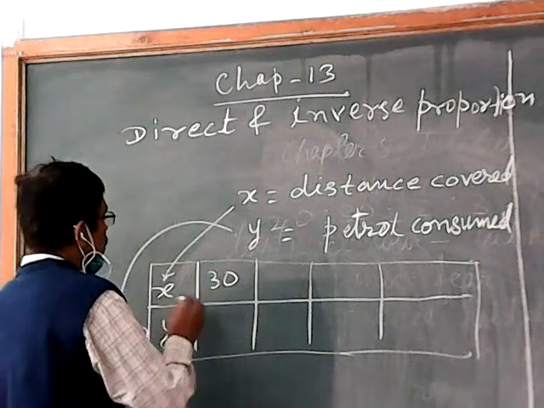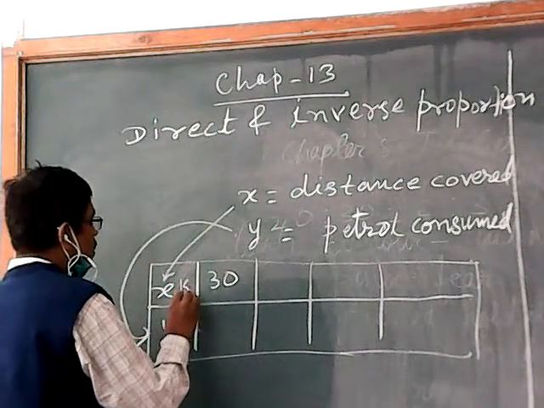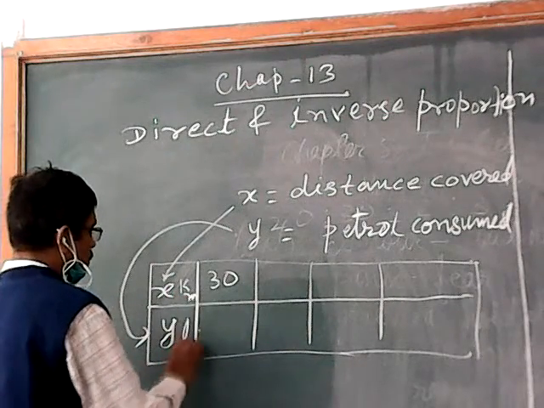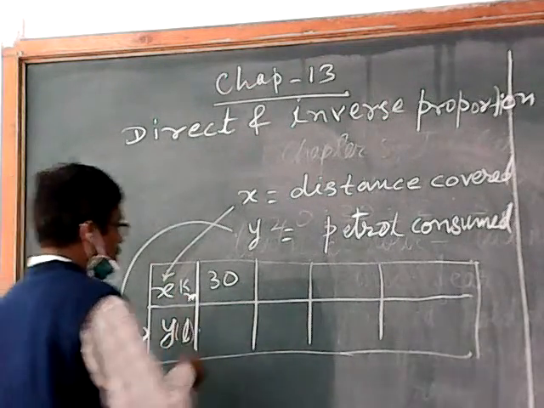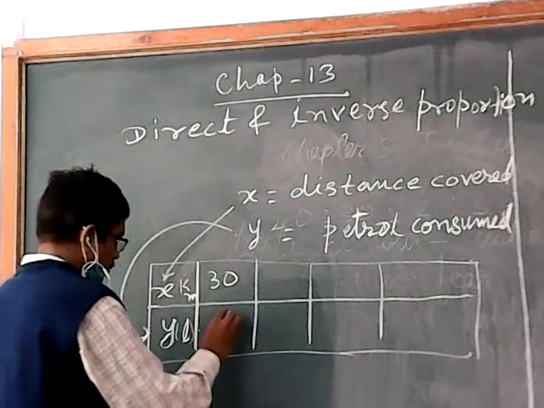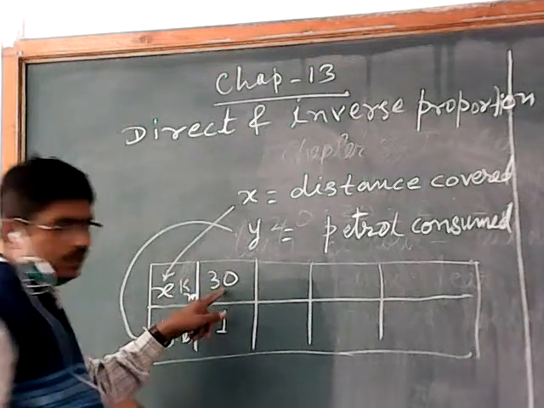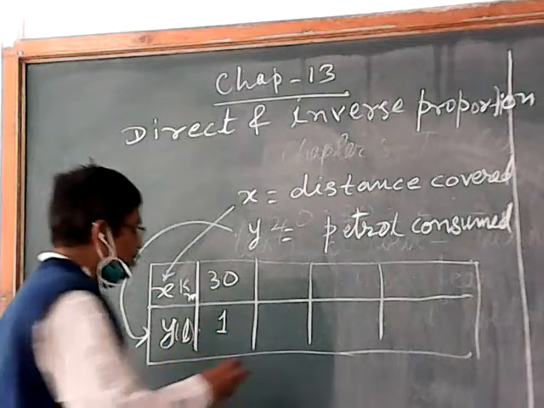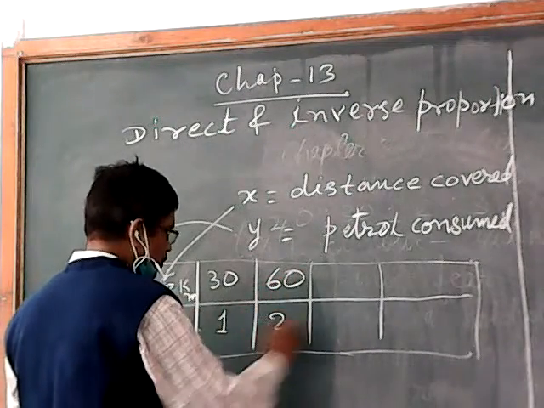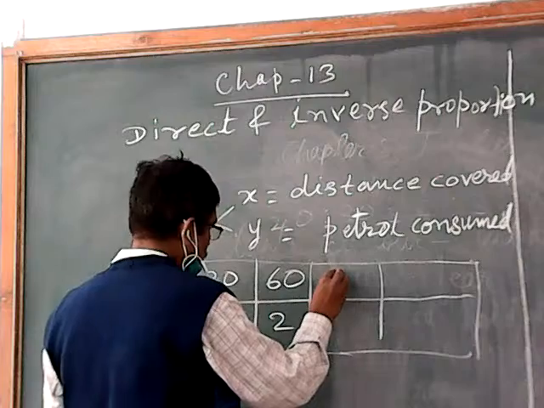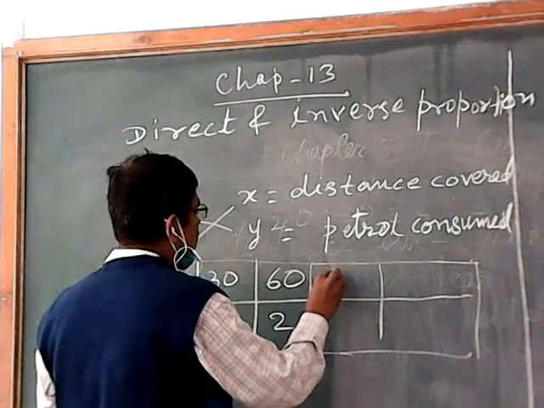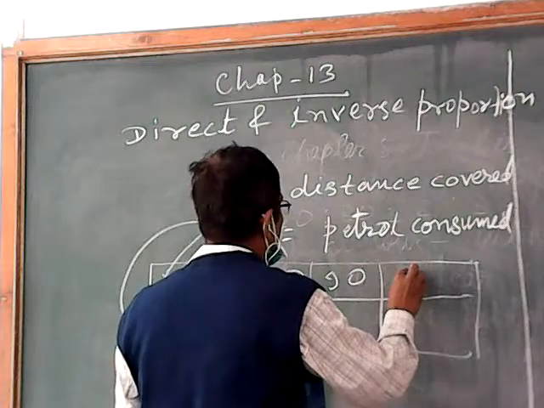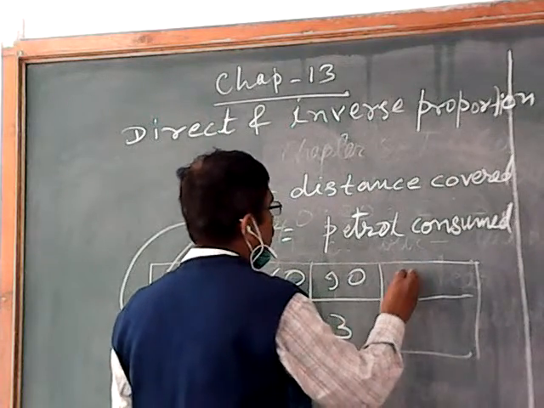This is 30 in kilometers, x distance, and this is in liters, L. To cover 30 kilometers, 1 liter of petrol is consumed. So this is 62, this is 93, and so on.